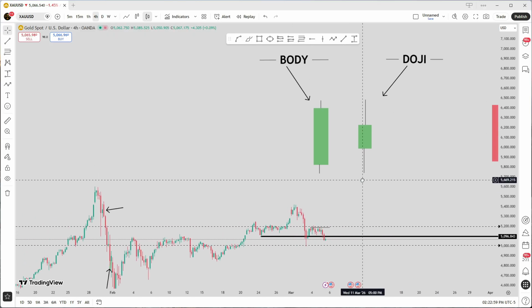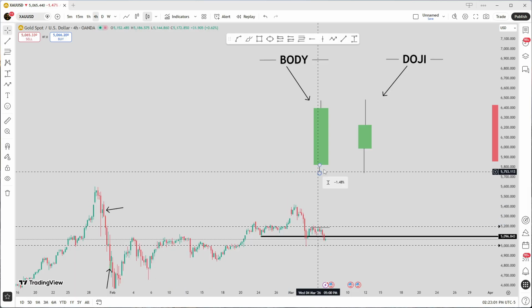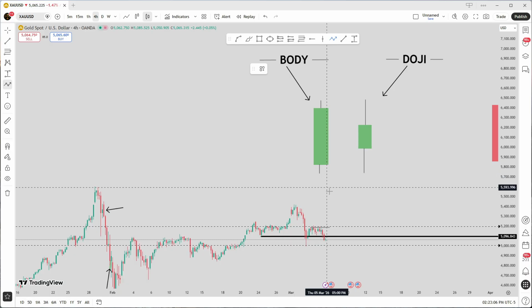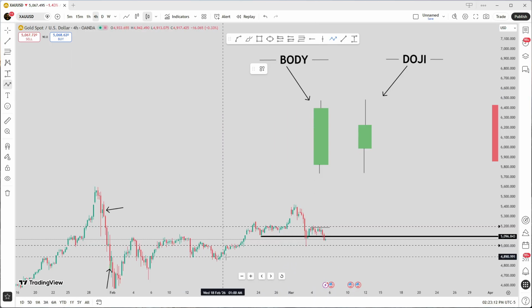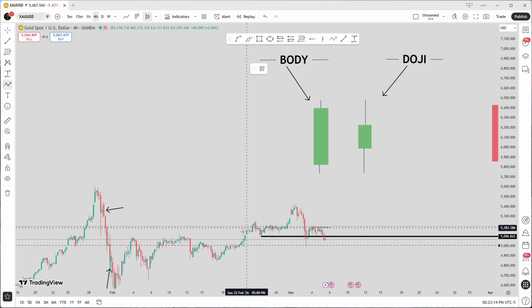Now, the formation of these candles. With the green candle, just like with the market, when it's green it's going up, when it's bullish it's going up, when it's trending up it's going up.